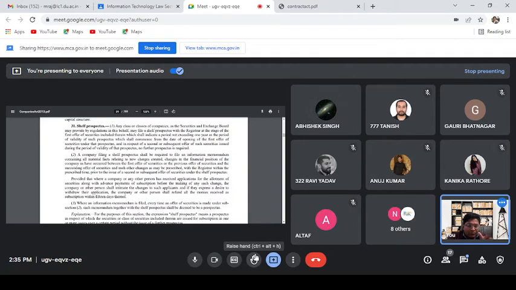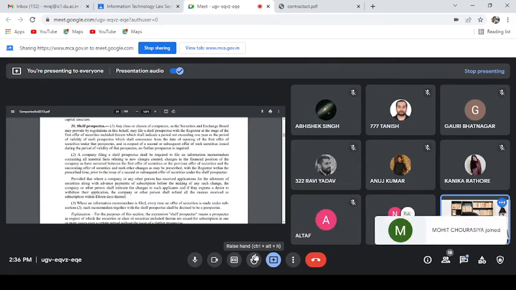So the main prospectus, and every time a second offer, third offer, fourth offer, the subsequent offer, the additional information memorandum with any financial change or charge created, both these documents would be known as the shelf prospectus, and this shelf prospectus shall be deemed to be the prospectus.